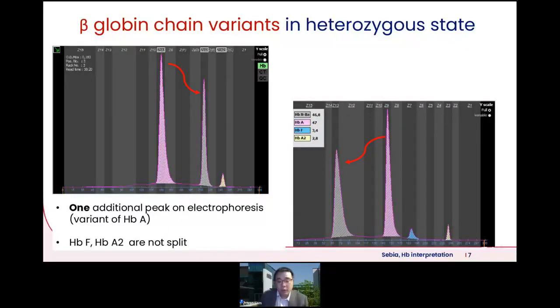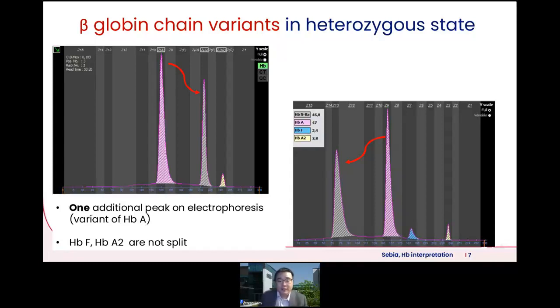It's also almost always the case that the hemoglobin beta variant peak would have a lower percentage than that of hemoglobin A. One good way to remember this would be that because the hemoglobin variant that's being formed would be less stable, so likely its composition in the blood will be reduced as well. Okay.